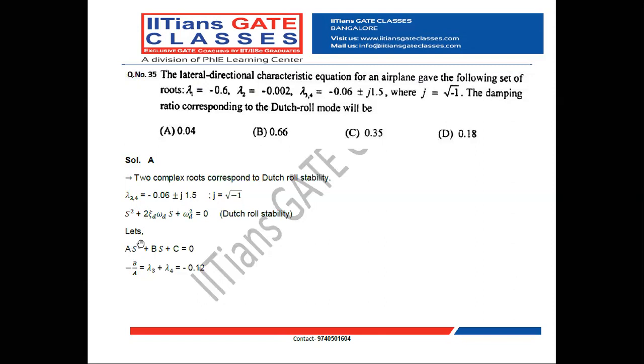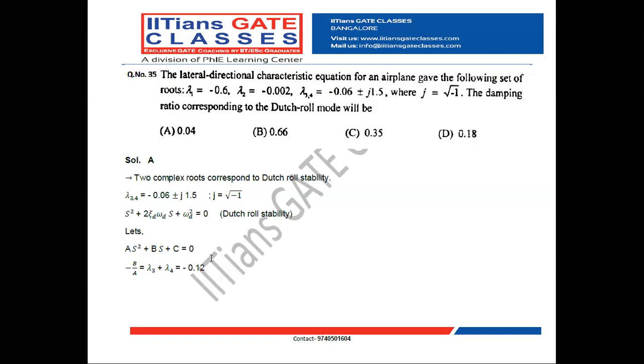The characteristic equation can be rearranged as a s square plus b s plus c equal to 0. If we divide throughout by a, we get s square plus b by a into s plus c by a equal to 0.